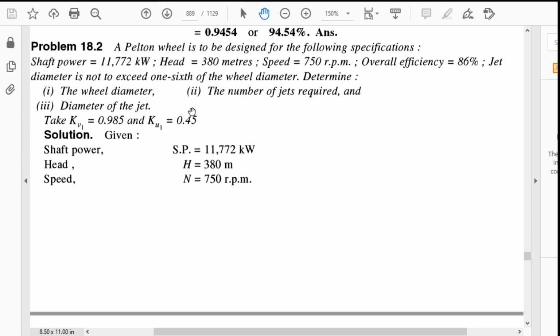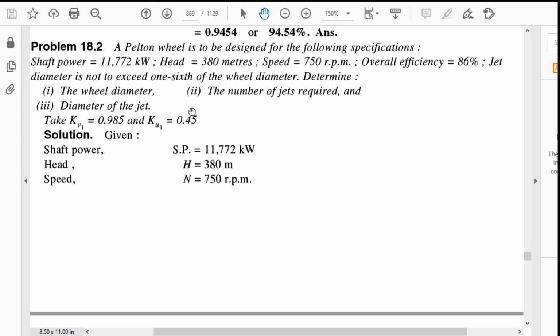Speed they have given, that is N, 750 revolutions per minute. Overall efficiency 86%. And again they have given a condition: the jet diameter is not to exceed 1/6 of wheel diameter. Also KV1 and KU1 they have given.